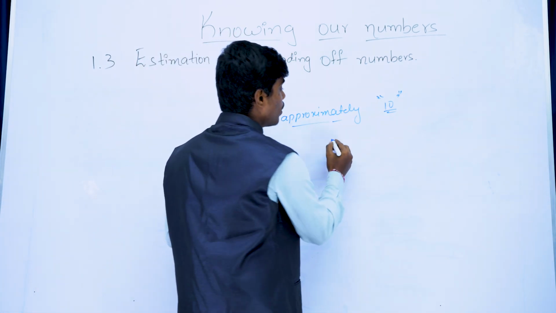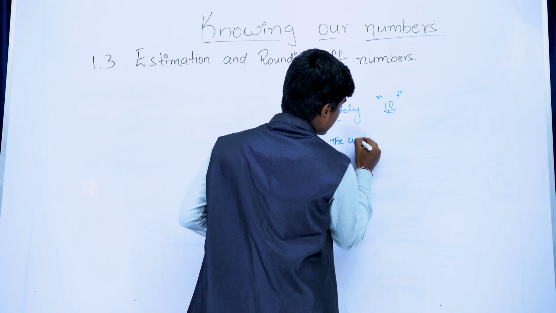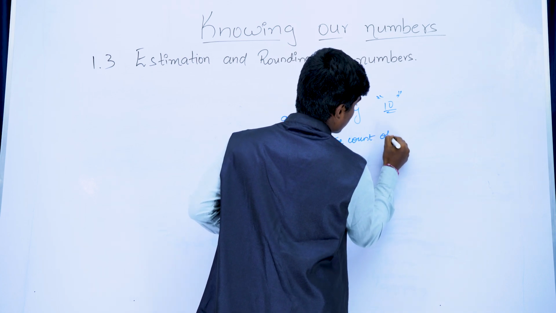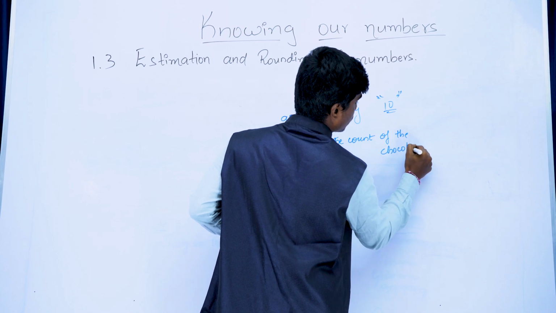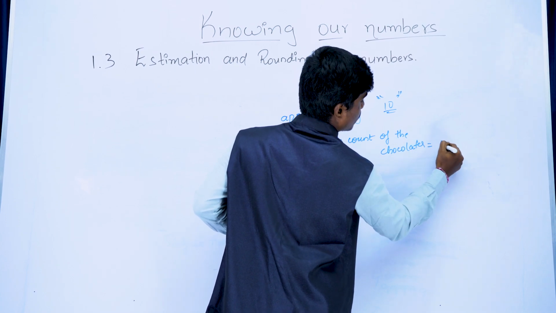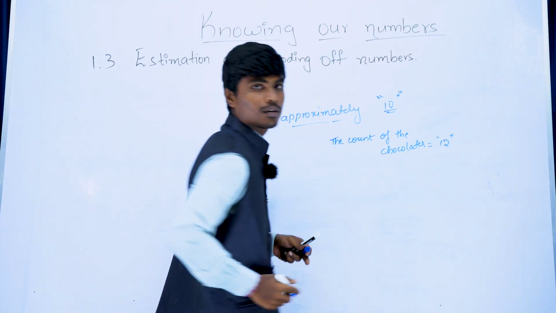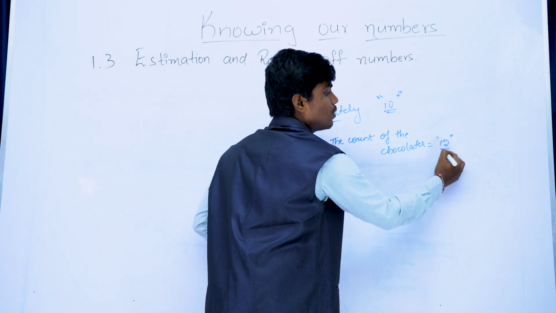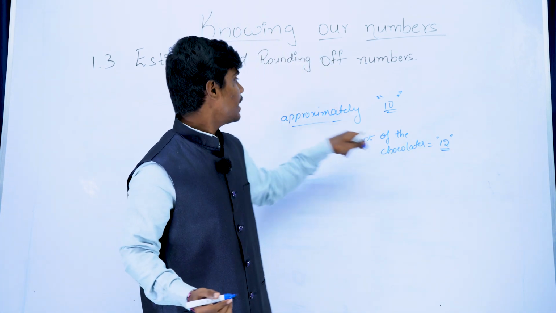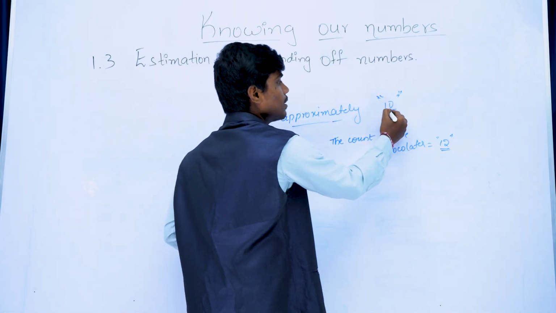So the count of the chocolates is 12. See, the actual count is 12 and the answer you gave to your sister is 10.